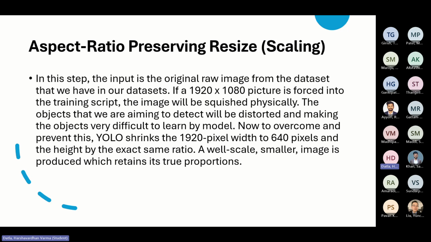So this step takes in images and shrinks them down into a 640 pixels image while still retaining the original features of the image. So a well-scaled smaller image is produced which retains its true proportions without losing any quality, which means the objects included in the image, like the humans, boats, and so on, would also not lose their features.